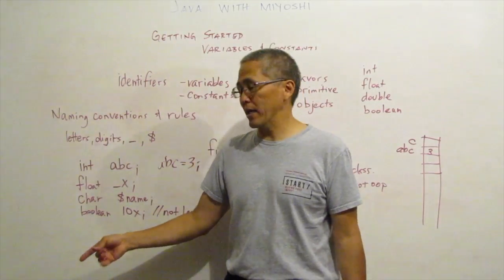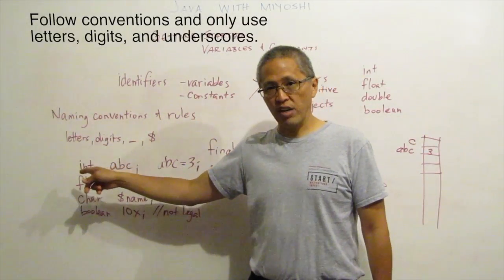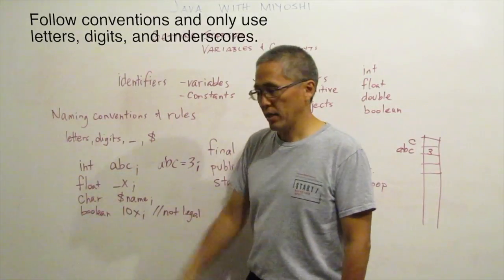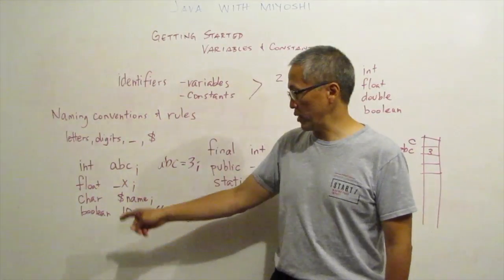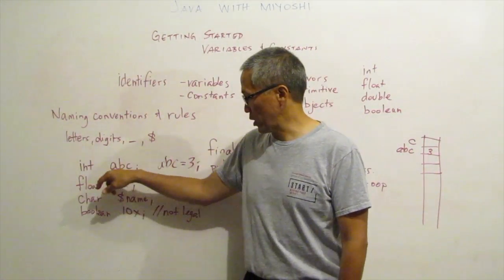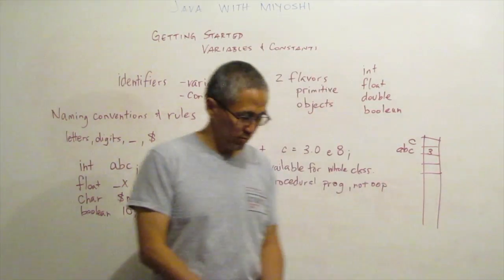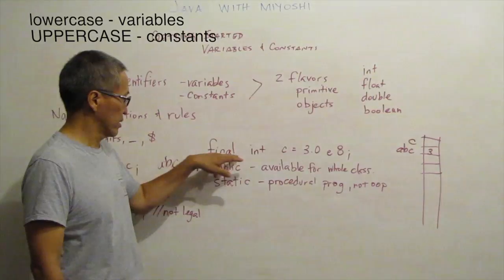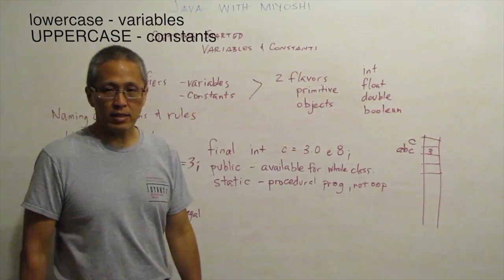Now, convention says you should only start variables and constants with a letter. And convention also says that if you're going to do a variable, you would start with a lowercase letter. And if you're going to do a constant, where we do this with the final, if it says final in front of it, then it's a constant.